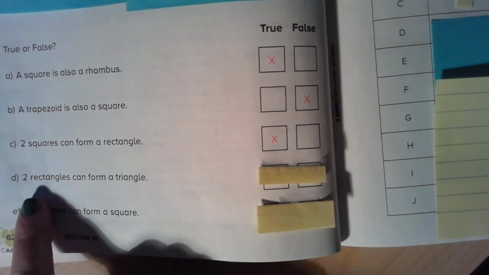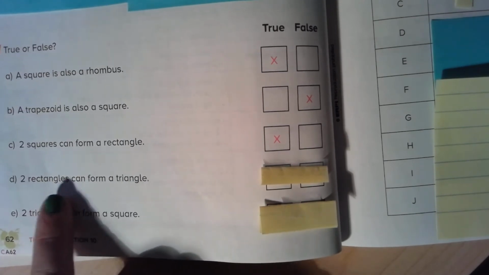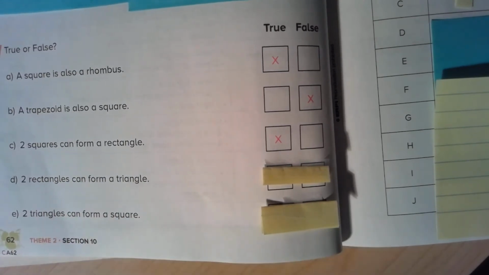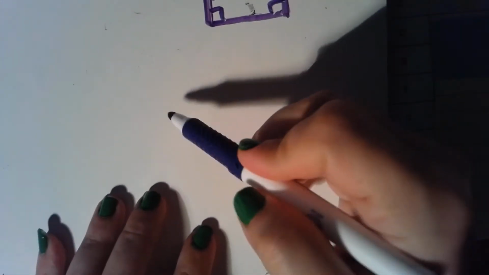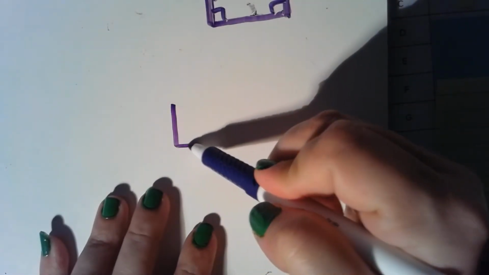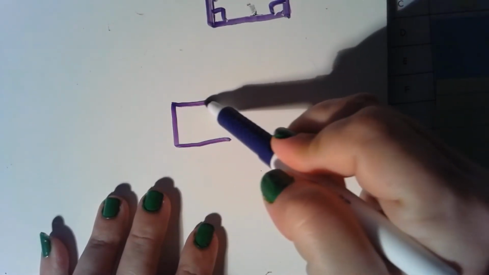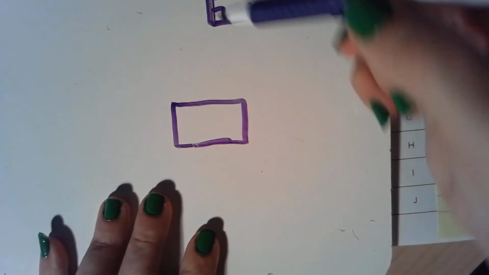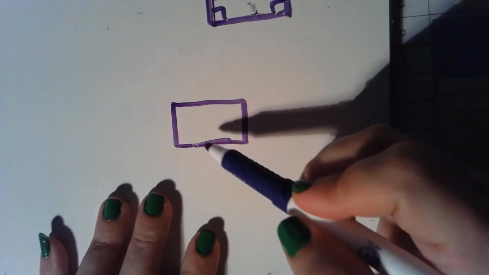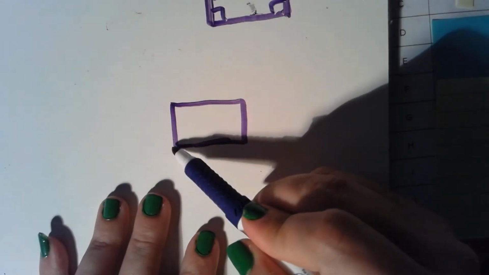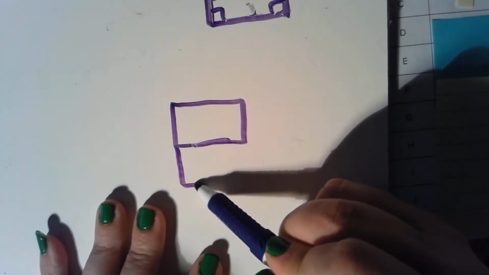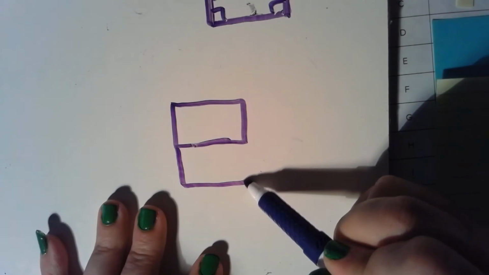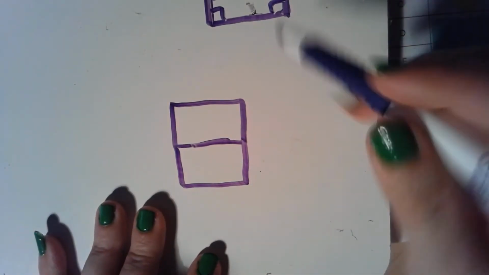Let's look at D. 2 rectangles can form a triangle. Oh, that's going to be a little more difficult. Let's see. 2 rectangles. How would I form a triangle? Well, we have to know that a triangle has how many sides? Tri means 3. I don't know, everyone.